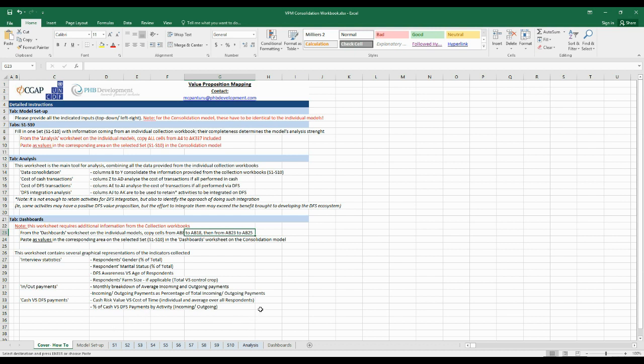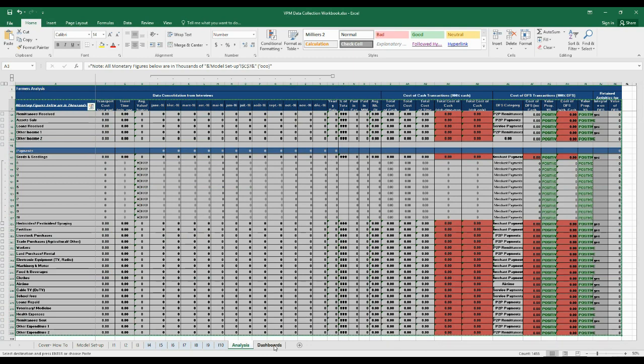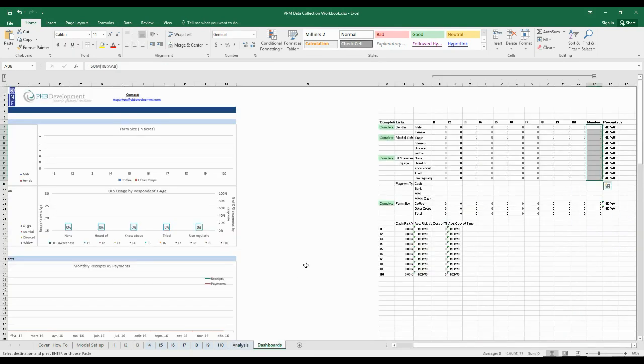So the next thing to do would be to go to the dashboard worksheet on the individual models and copy cells from AB8 to AB18 and then from AB23 to AB25. If we go to the data collection workbook and go to dashboards, we can see those here.